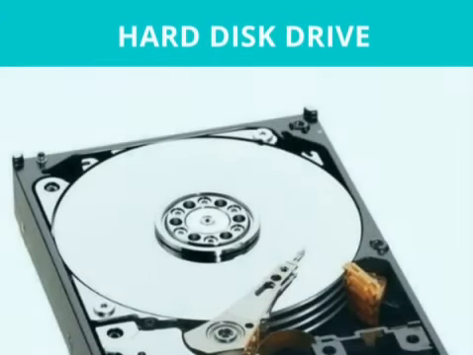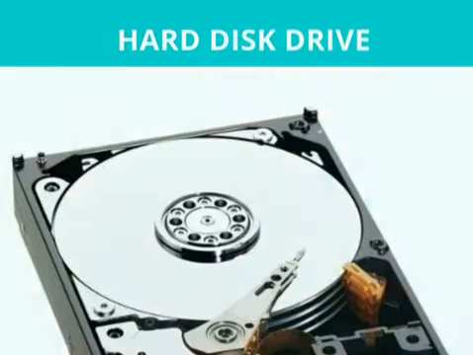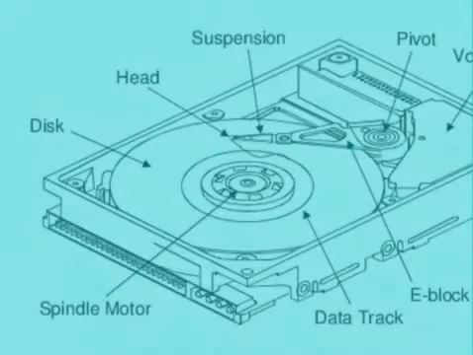Also, we have the hard disk drive. The hard disk drive consists of one or more magnetic disks contained in a box. They are used as a storage medium in the PC, where you store programs and other digital data. The hard disk is the permanent storage area of a computer. It stores information whether the computer is on or off.